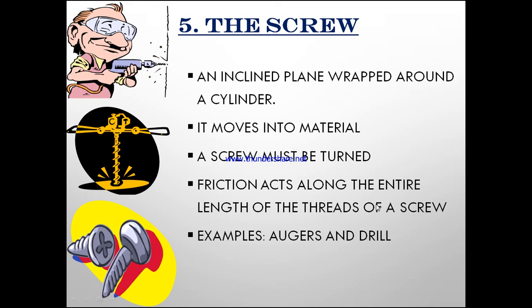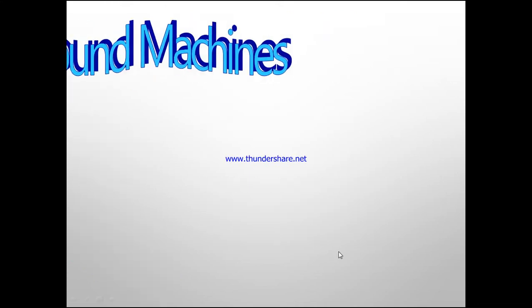When you move a longer distance, you will find the friction of the particles of the wood or the wall just affects the augers or the drill. So you will find the friction; this is resistance also. Examples: augers and drill.